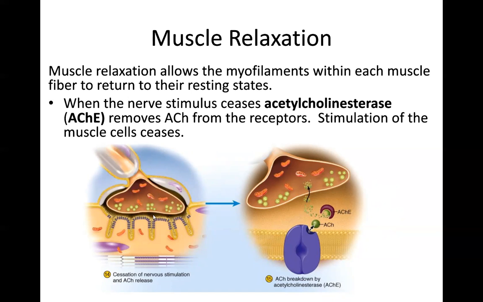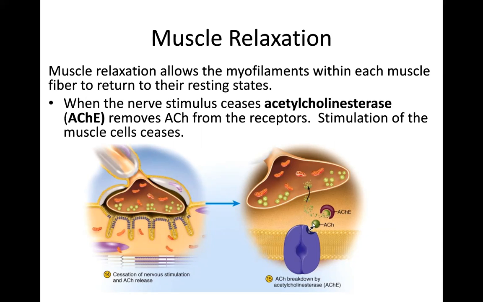If there's no more acetylcholine being released, that means no more binding of acetylcholine to those receptors, no more depolarization, no more action potential, no more any of that stuff we just talked about. Now, to also help eliminate acetylcholine from binding to receptors, we have a special type of enzyme, with a very long name, acetylcholinesterase, or AChE for short.